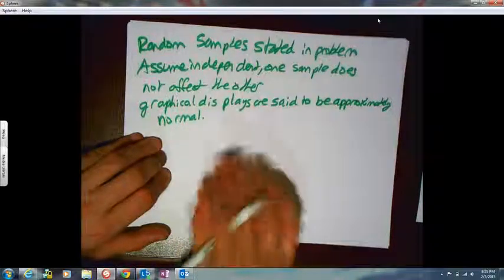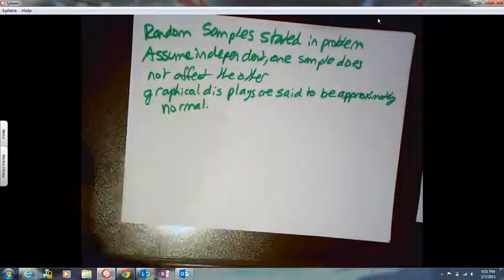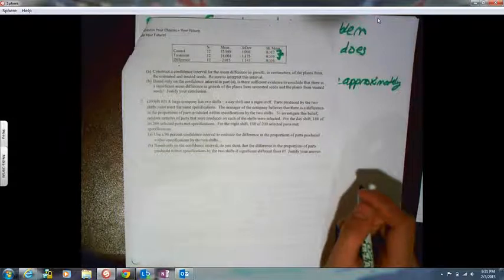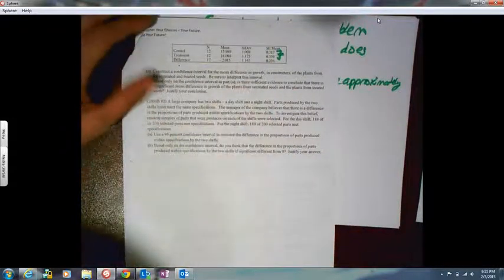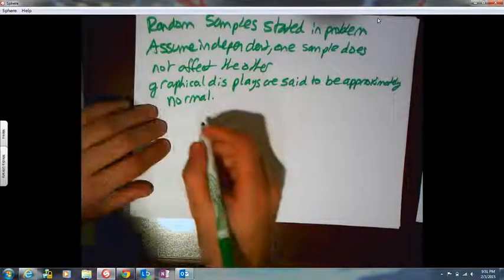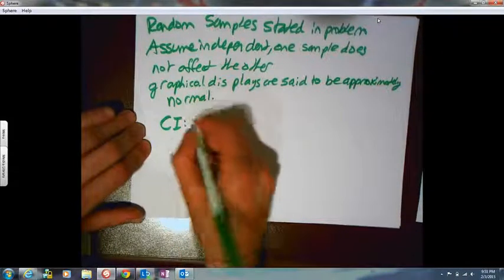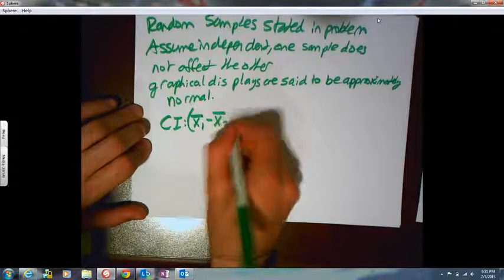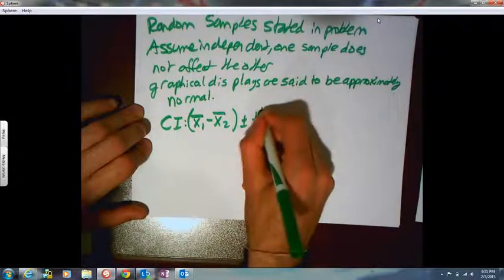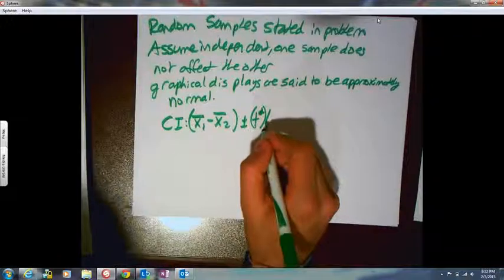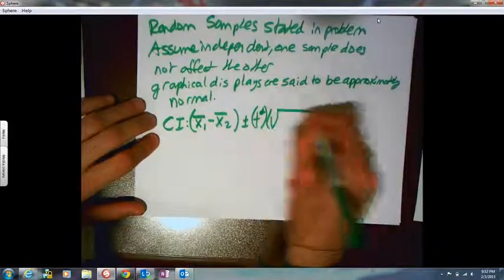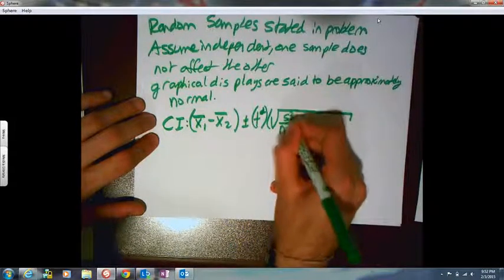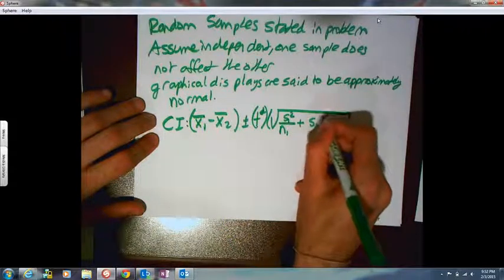Okay, now the math. Even though they do give you this difference, I would still just use the control and the treatment, because you may not have this difference on the AP exam, but you'll definitely have the control and the treatment. So you want to say confidence interval equals x bar 1 minus x bar 2 plus or minus the t-stat times the square root of s1 squared over n1 plus s2 squared over n2.